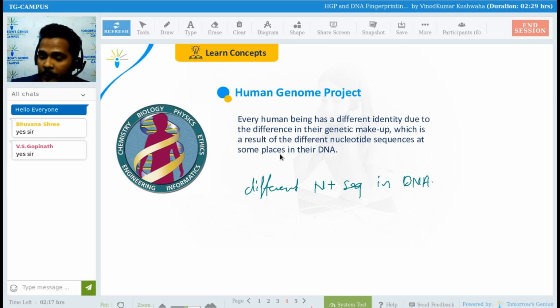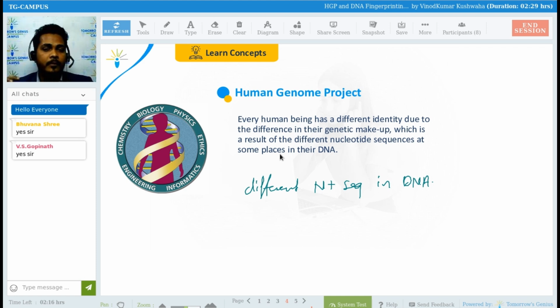Clear? So keeping this idea in mind, various scientists, because human beings are totally different, right? In ancient times it was always a dream for the scientists of the previous era to map the human genome, right?